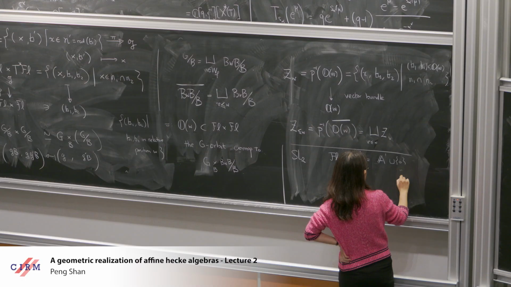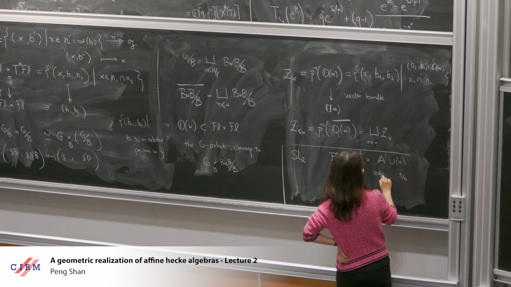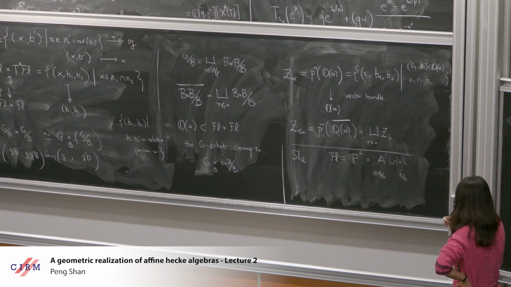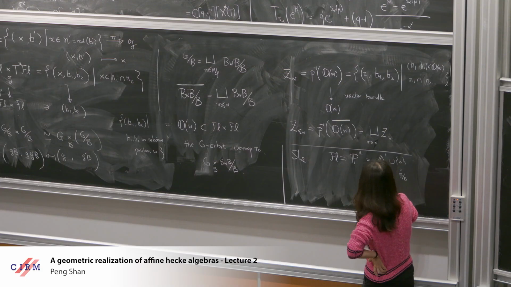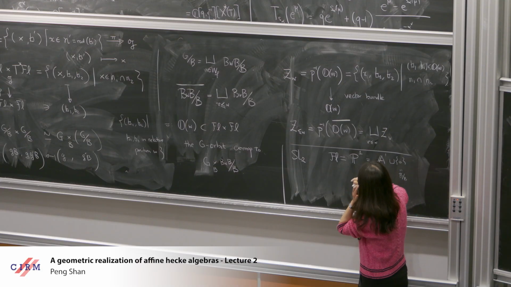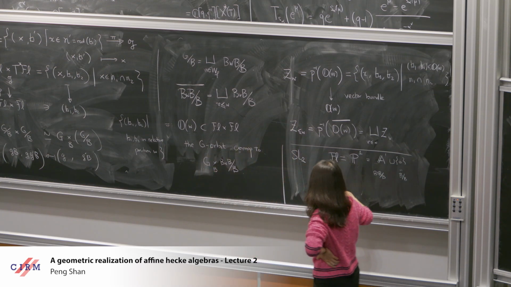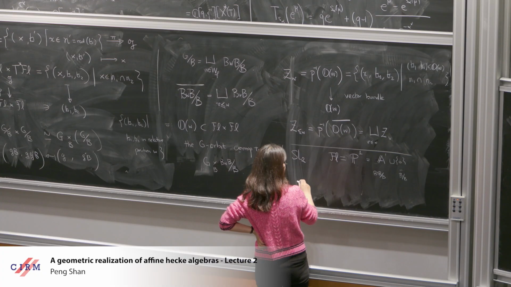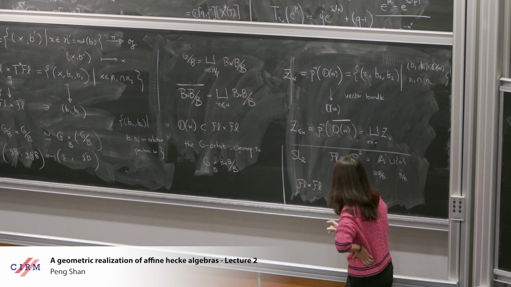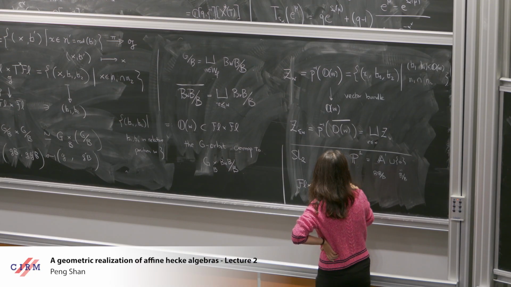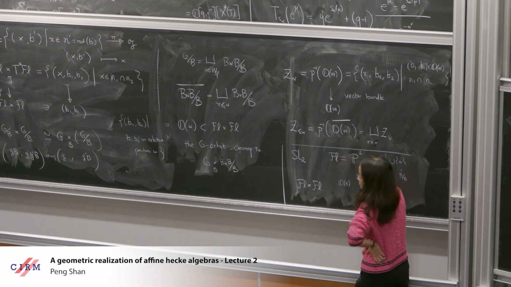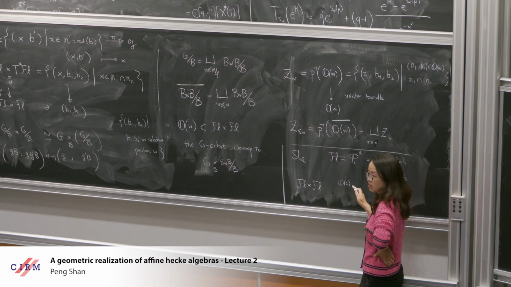Let's say this is the identity element, and then this is BsB over B. So we have two orbits. One is the identity. For the identity, the two Borel are just the same.